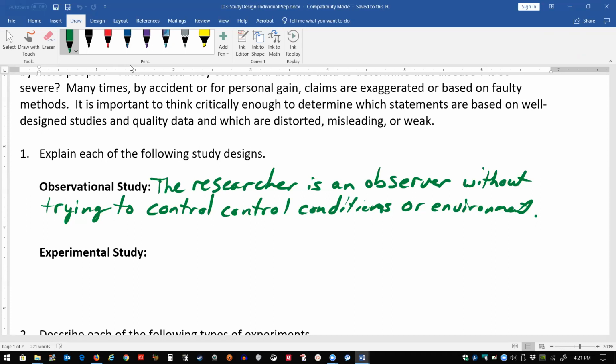Okay, so I am not influencing the cars at all. They're going about their business. I'm not controlling any of their business at all. Just observing them in their natural state, doing what it is they want to be doing. And then I'm just gathering data based on my observations. All right, so that's an option.